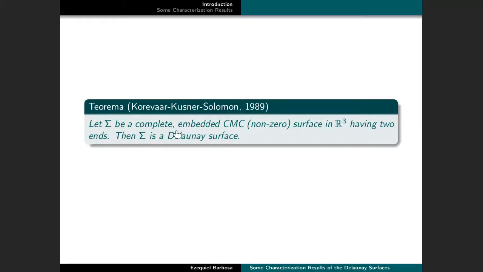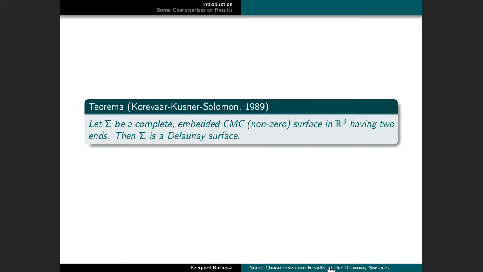In the previous result they required properly embedded, but actually just embedded is enough for this result. As I said, this exponentially asymptotic behavior of the ends is very interesting because you can obtain this kind of characterization.